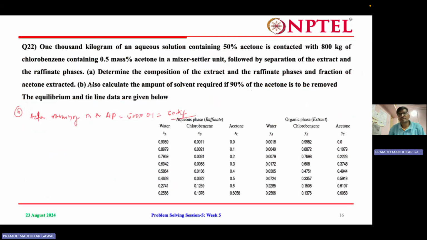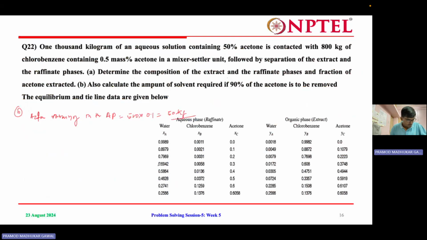Because the solute initially present in the feed is 50% acetone, meaning 500 kg. If 90% of acetone is removed, 0.9 portion goes to the extract phase and 10% remains in the raffinate phase. So it's 50 kg, right?